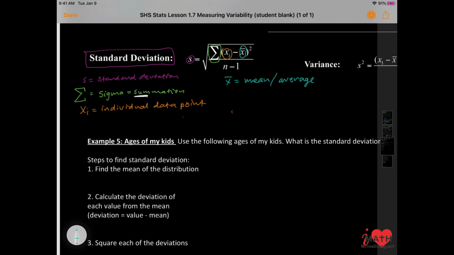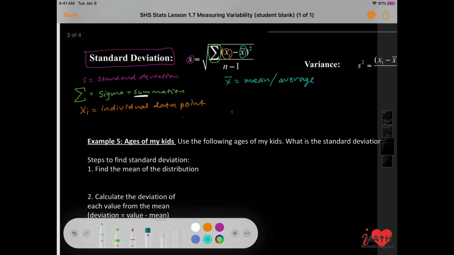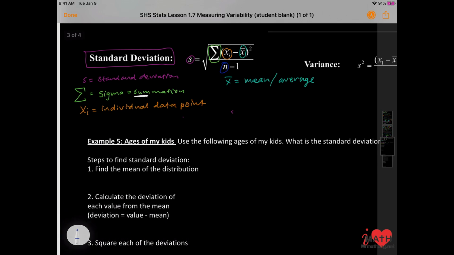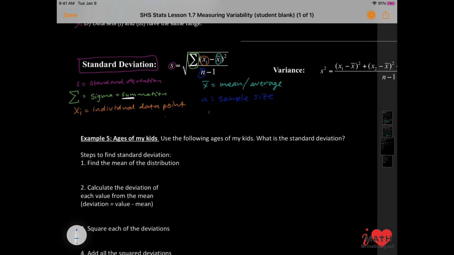Okay, what other colors we got? Okay, and then the last one is n. N here just means the sample size. How many numbers do you have in that list? How many people are you talking about when you say Pokemon cards? There's 10 kids there, okay?